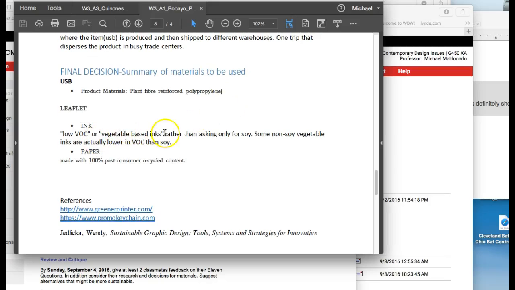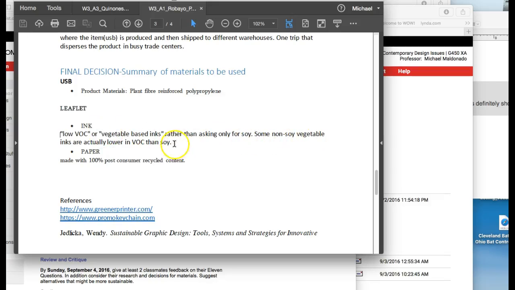Leaflet ink, again, here, describe this and point to it, a reference. Okay, according to so-and-so, low VOC inks. Okay, and then stuff like this, this doesn't make sense. Low VOC or vegetable inks rather than asking for soy. And then there's a parenthesis on this side, low, oh, I see, vegetables, rather than asking for soy.